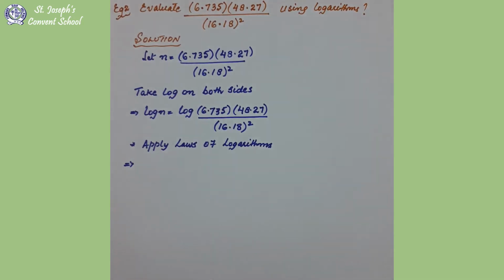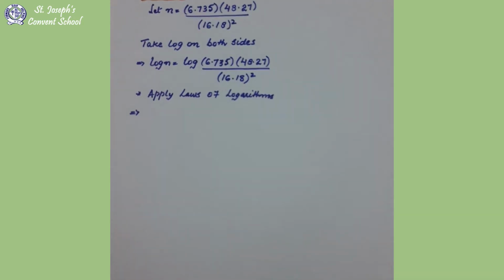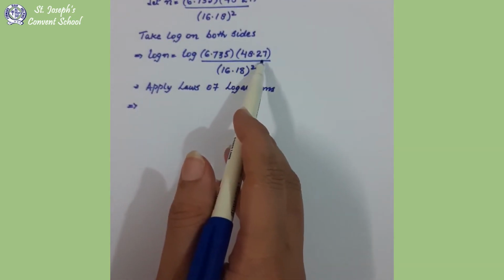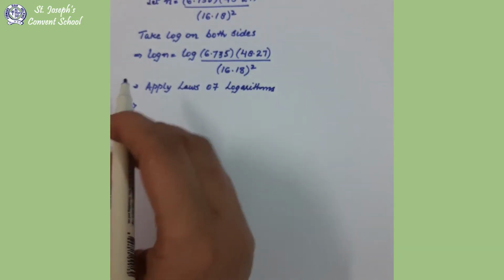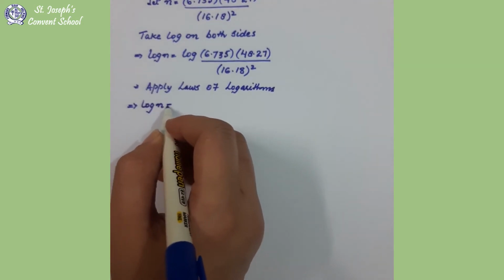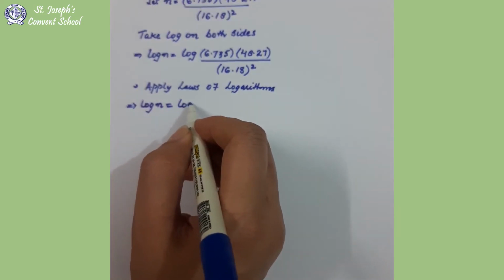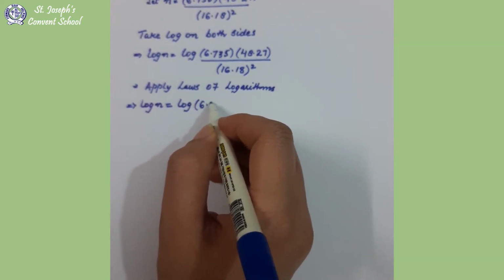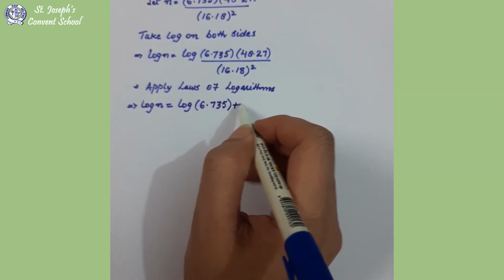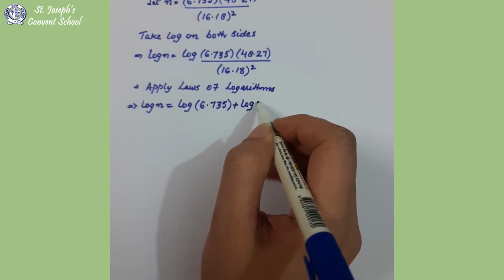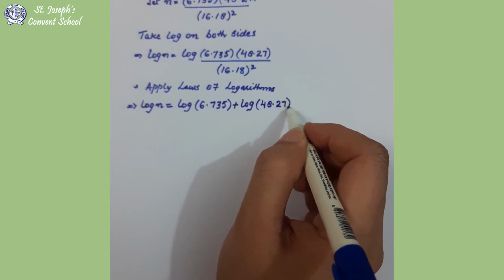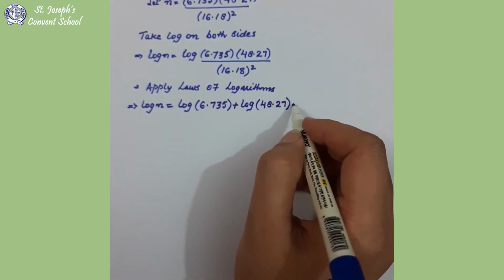Now the laws of logarithm mean you will change the sign. Product will change into plus sign, division will change into minus sign, and power you will write before log. Let's apply: log n equals log 6.735. Product sign will change into plus sign, then again log 48.27, then there is a division sign, it will change into minus sign.